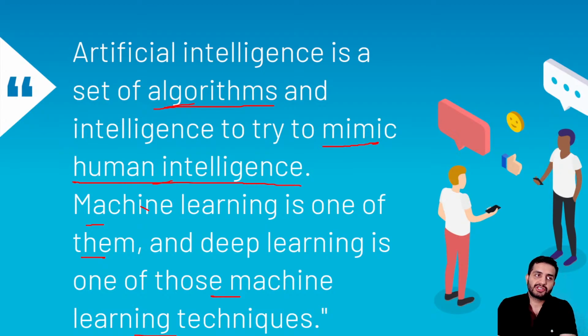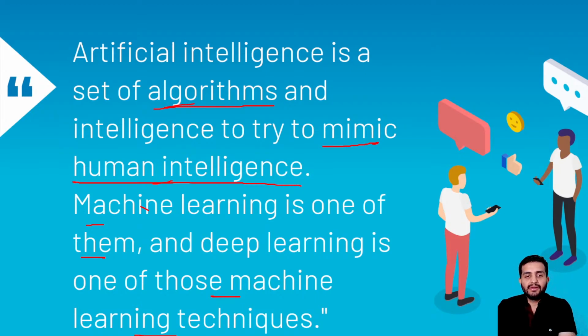Again, human intelligence is a very vast field, but with machine learning we are going to focus on certain specific problem statements to understand how they can be solved. And deep learning is one of those machine learning techniques where we talk about a more advanced mechanism, in which we are still trying to solve one problem statement, but it is part of the machine learning sub techniques.